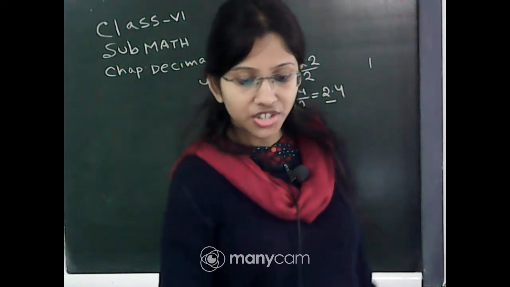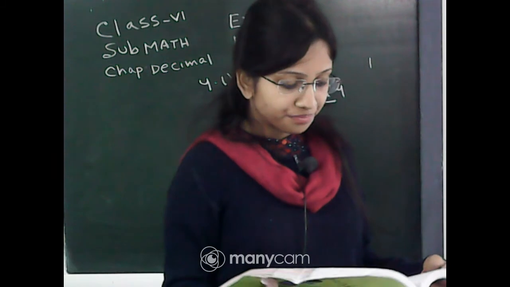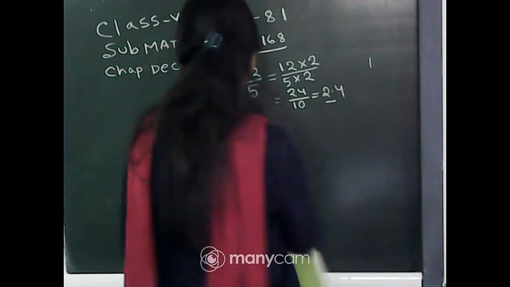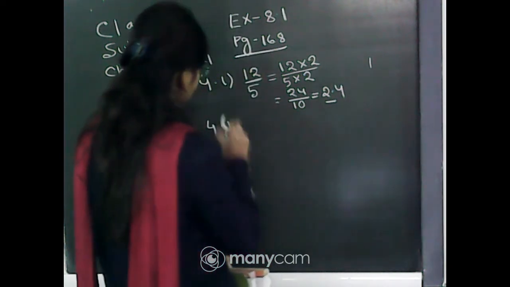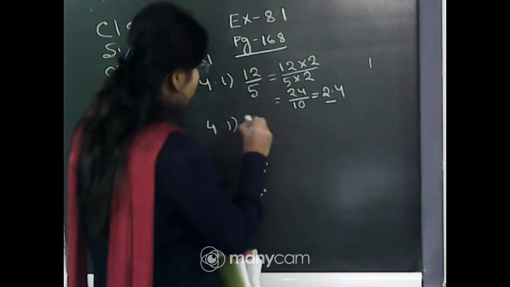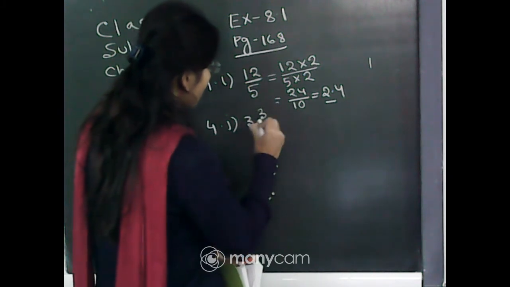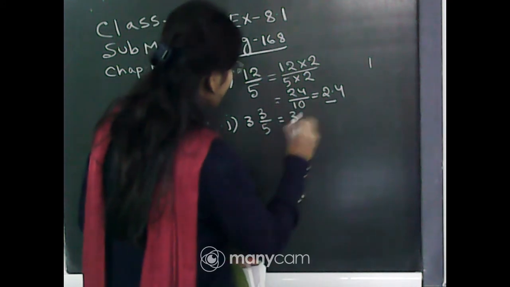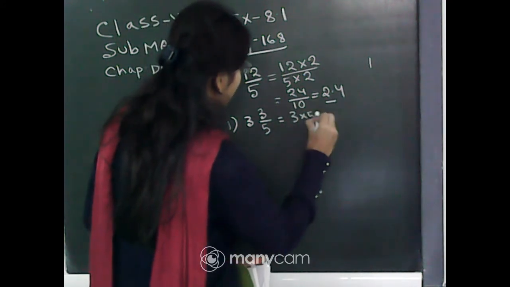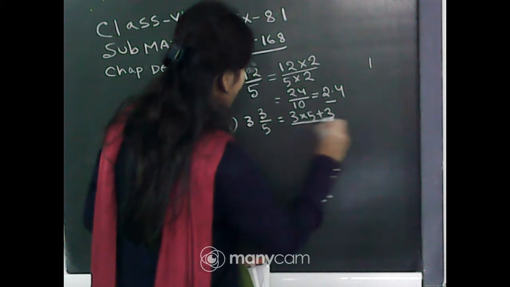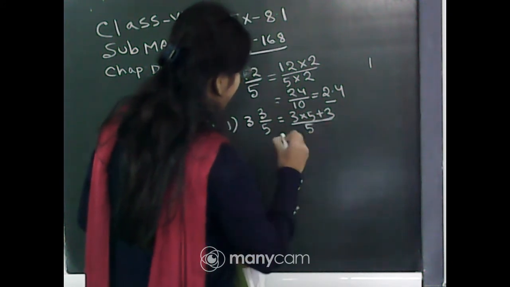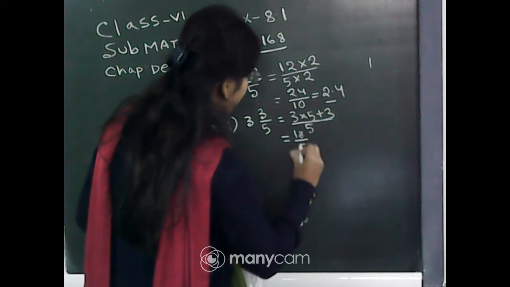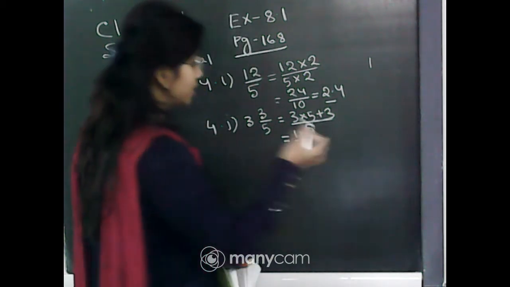3 whole 3 by 5 into the decimal. Now, 3 whole 3 by 5 is equal to 3 cross 5 plus 3 divided by 5, and this is equal to 18 divided by 5.